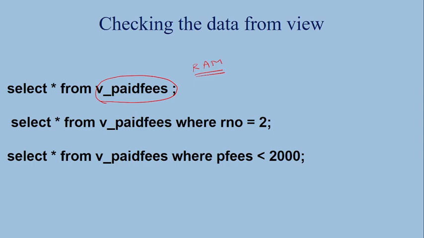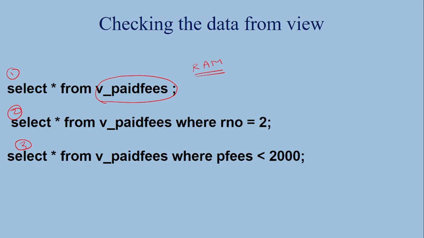So henceforth, the first time when you execute a query which will fetch data from a view, whatever select query we have written while creating the view gets executed and data comes into RAM under the view name. And after this, whenever we execute any query, it will fetch the data from RAM.